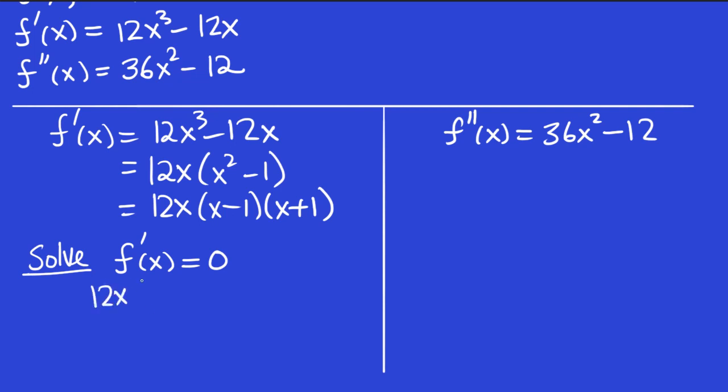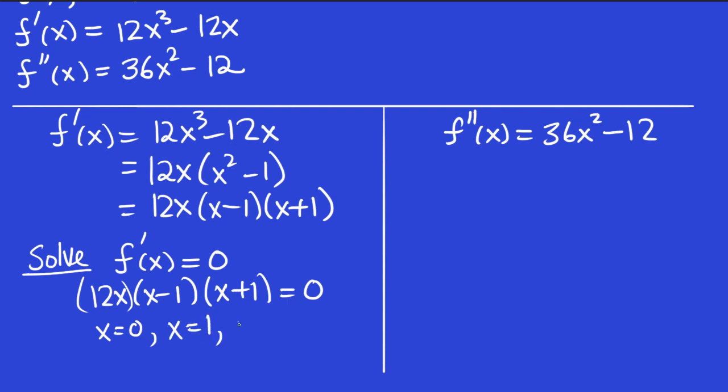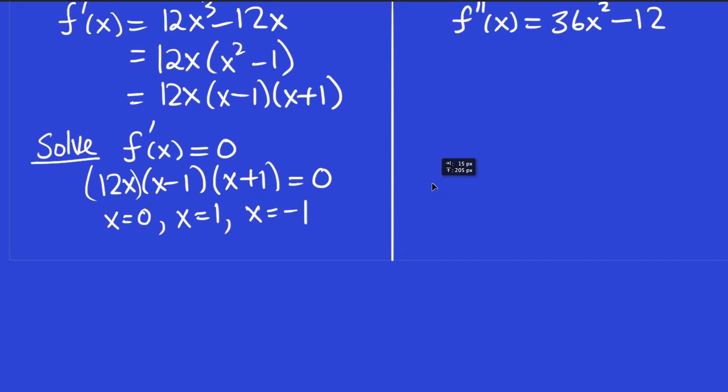So 12x times x minus 1 times x plus 1 is 0. And we just set each factor equal to 0, right? If this is 0, that means x is 0. If this one is 0, that means x is 1. If this is 0, that means x is negative 1. And those are the x values of our critical numbers.